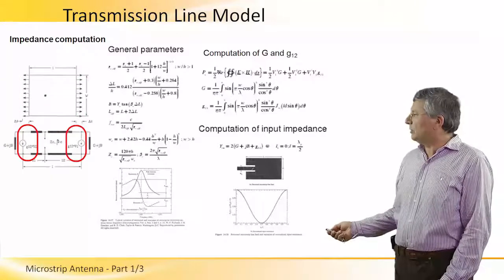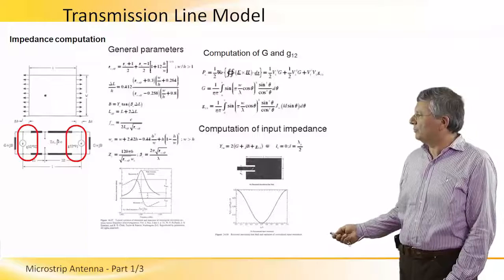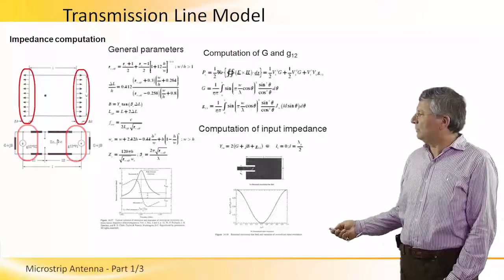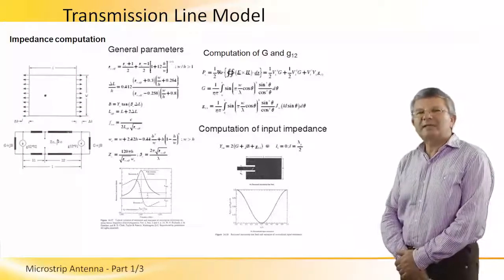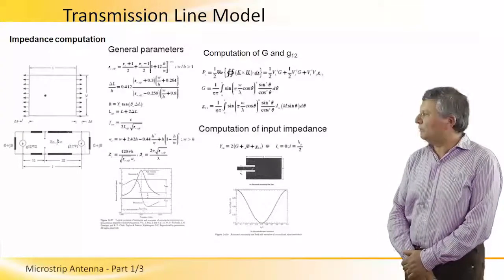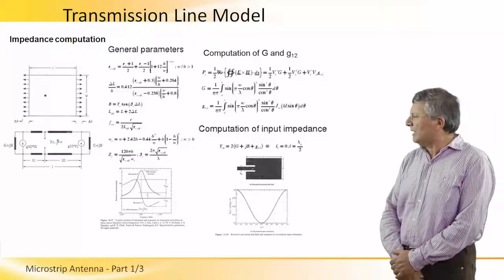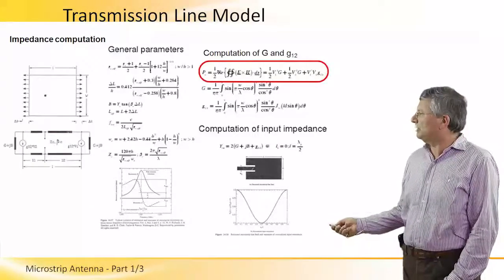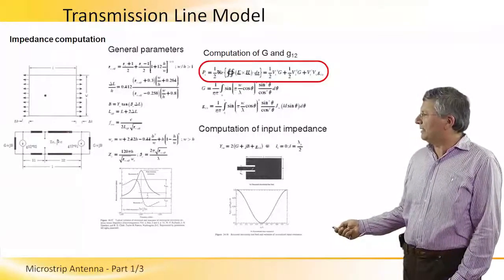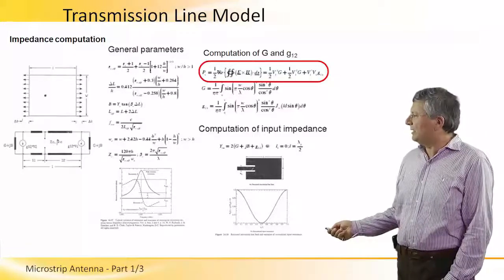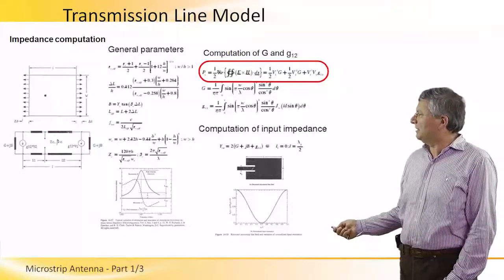Now, to the computation of G, which represents radiation losses, and G12, which represents coupling between those two radiating slots. In order to compute those two parameters, you use the electric and magnetic far fields computed previously for the radiation pattern, and they are equal to the total input power to the microstrip antenna, by separating or associating each term in this integral obtained by the Poynting vector.